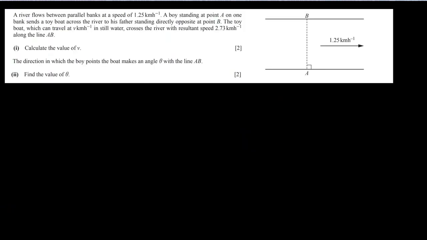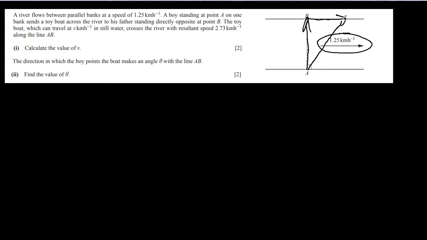In part B of this question, they have given a diagram along with the explanation. You can pause the video and see if you understand the situation. The river is flowing with this speed, and the toy boat, if he puts it in this direction, this is the vector of the velocity of that boat, and then there will be a reverse velocity in this direction.